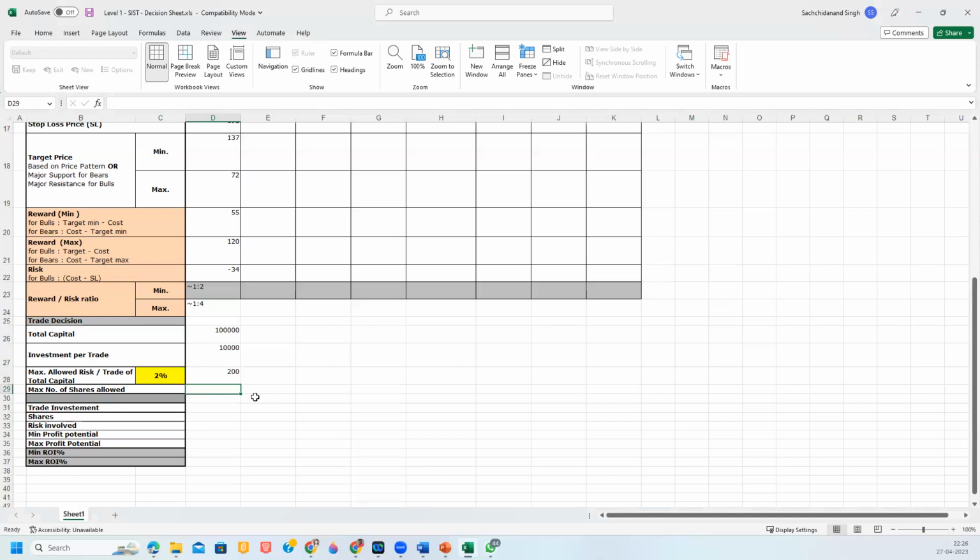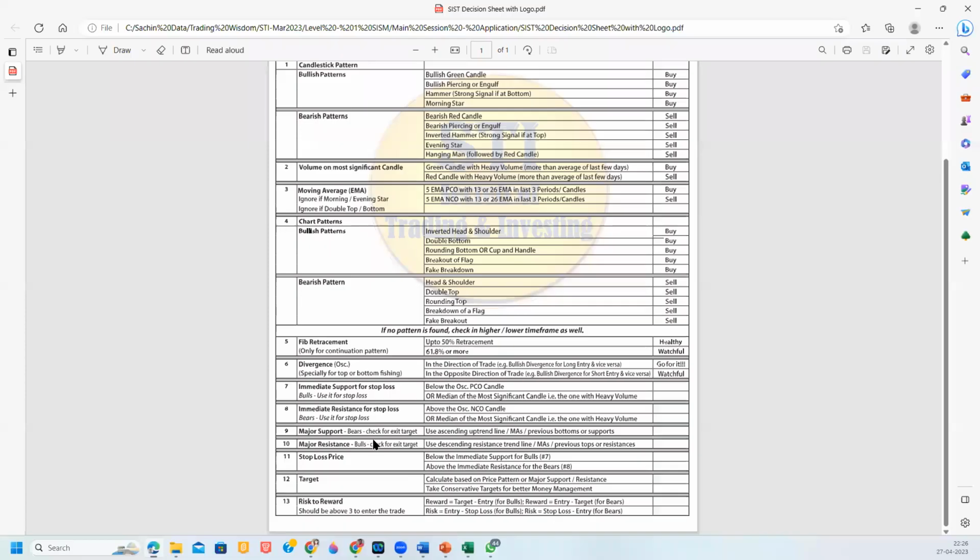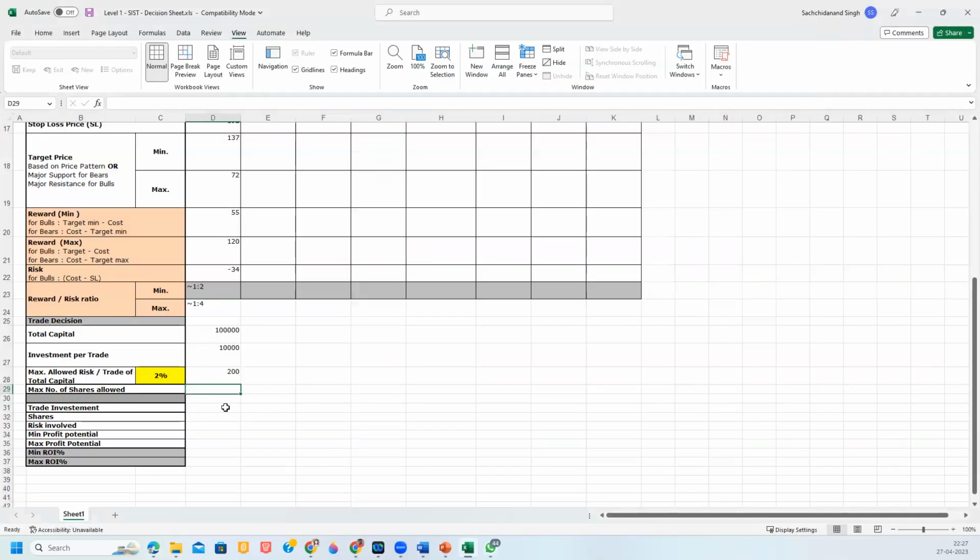So the maximum number of shares allowed means how many maximum shares we can purchase as per this guideline. So 200 will be divided by the target price. Is equal to D27 divided by your target price, right?